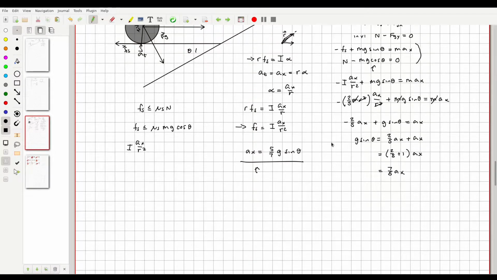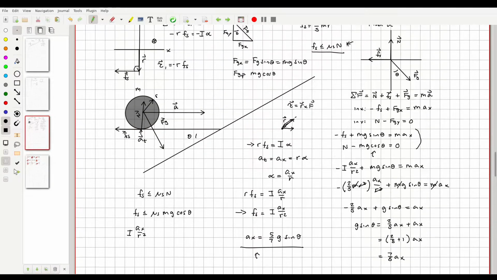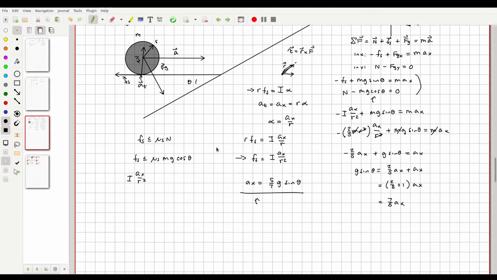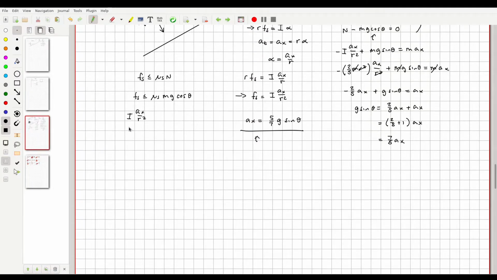Now I, we know, comes from over here, from the shape of this sphere. It's 2/5 mr squared. So that would be 2/5 mr squared times a sub x over r squared. This needs to be less than or equal to mu sub s mg cosine of theta.